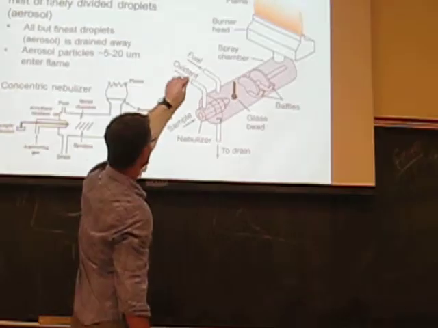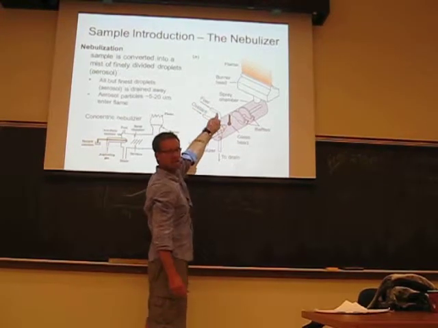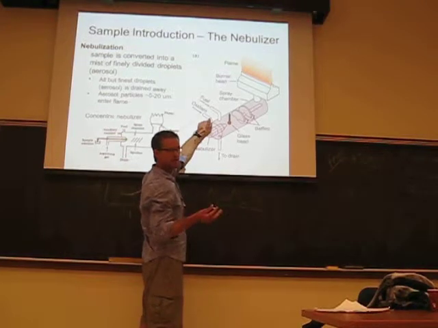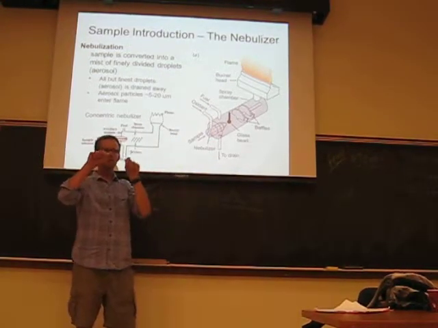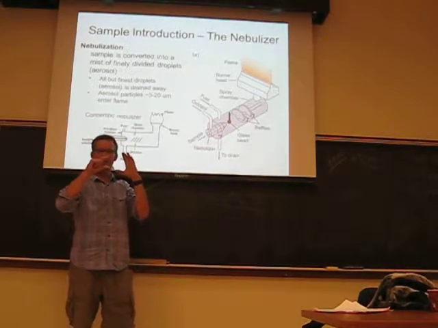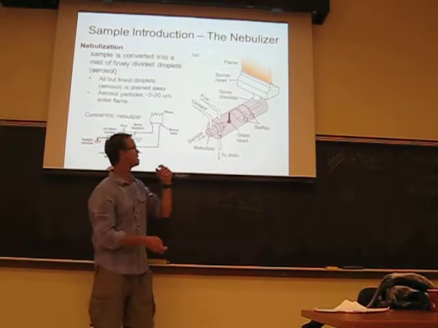And then you have your gas mixture, which is the fuel, which in your case will be acetylene, we'll use welding acetylene, and the oxidant will just be air. So it'll be an air-acetylene flame. And on the instrument, we'll set the mixture of those two gases so that we have a nice hot flame, but not a really smoky flame or something that's going to blow up. Okay?